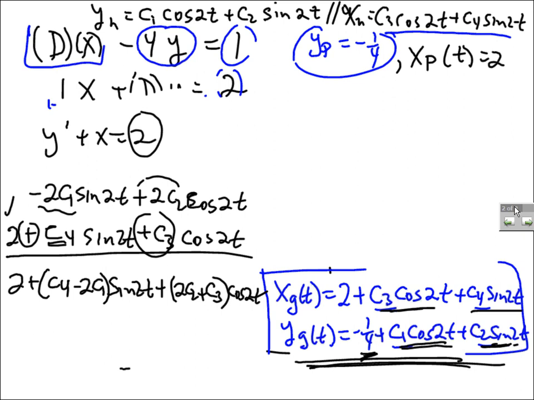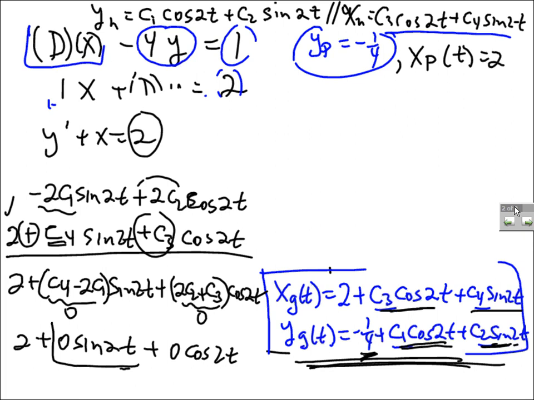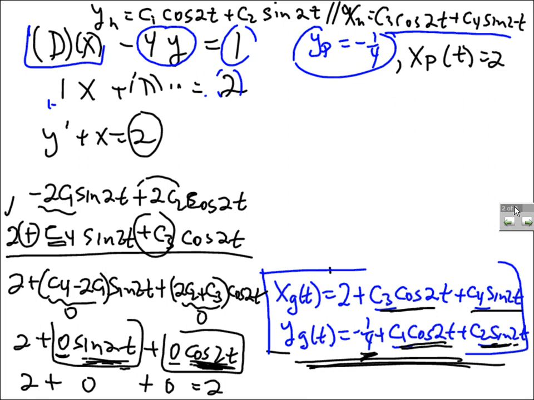Well, if I let these be 0, then we have 2 plus 0 sine of 2t plus 0 times cosine of 2t, and regardless of what sine of 2t is, when you multiply it by 0, you get 0. So it's 2 plus 0 plus, and likewise over here, 0 times a number between negative 1 and positive 1 is going to be 0. So I do get 2.